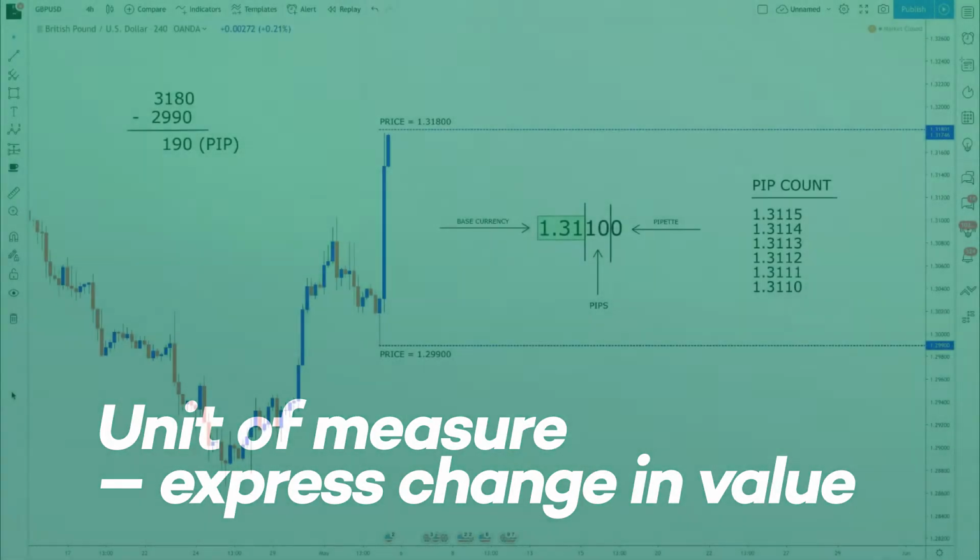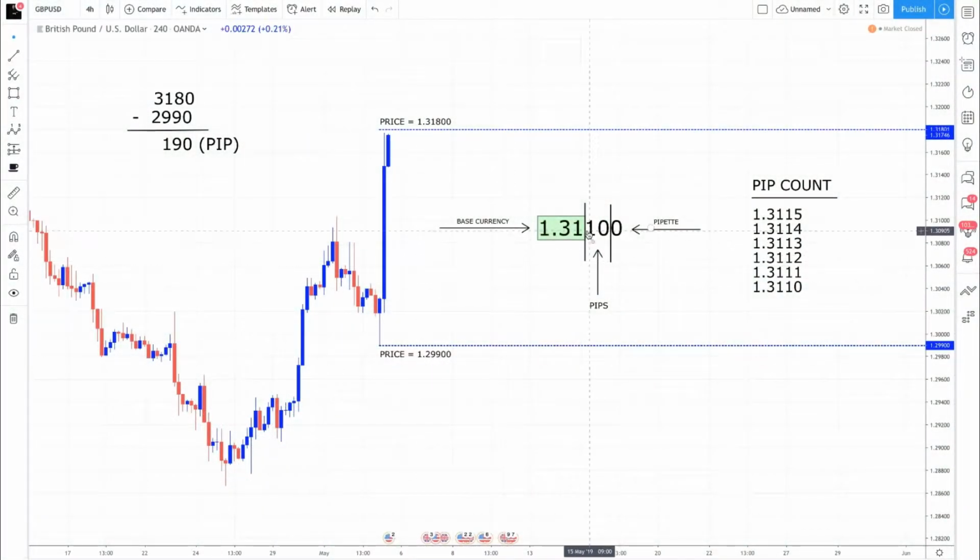What that actually means is that when the currency exchange rate is going up or coming down, there has to be a unit of measure to track it. Every single time the market moves 1 pip, or 1 point, this is how traders are able to make or lose money buying and selling inside of the foreign exchange market.